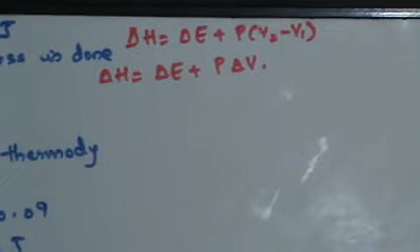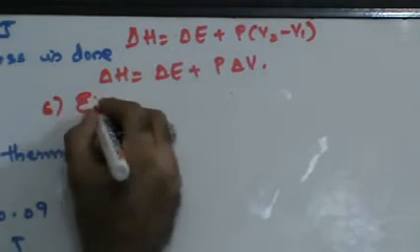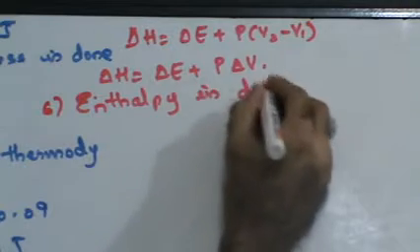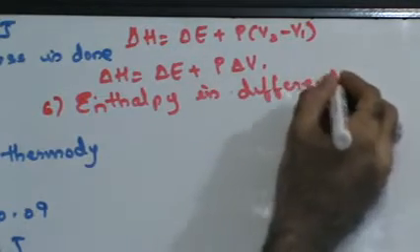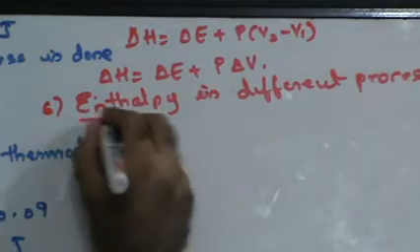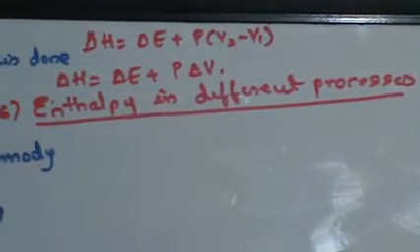Now, let us see what is the enthalpy in different types of processes. First, let's consider the isobaric process.